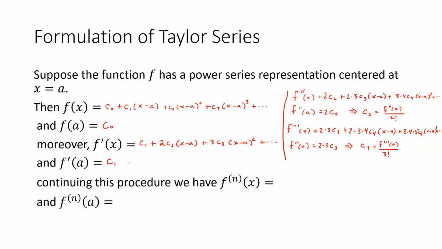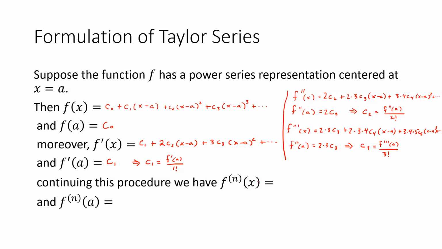Here, even though it's just c1 is equal to f prime of a, we can think of that as c1 is f prime of a over 1 factorial. And so we maybe notice a pattern here that all of the coefficients would be of the form the nth derivative at a over n factorial.